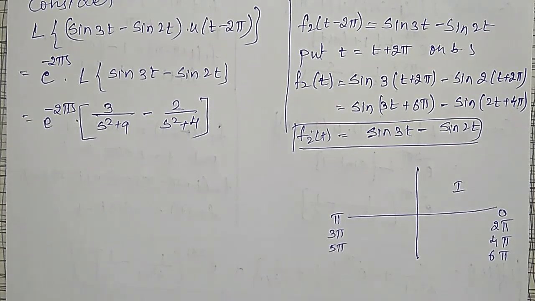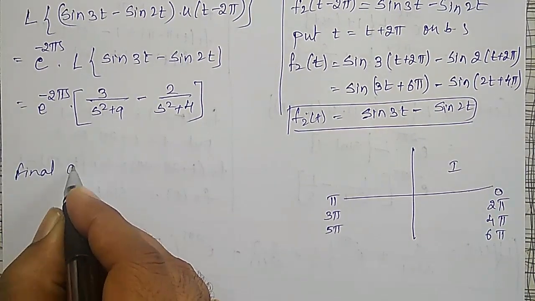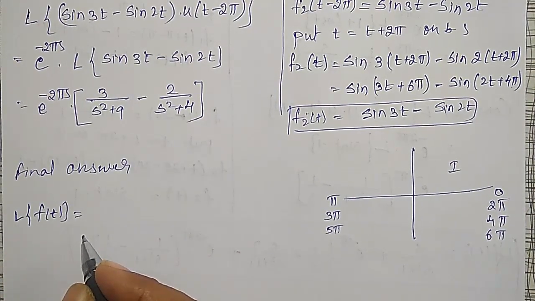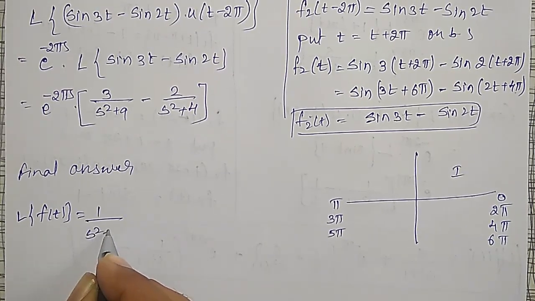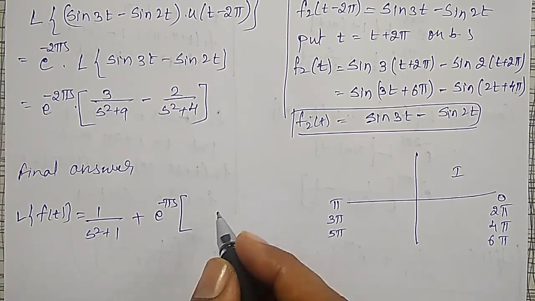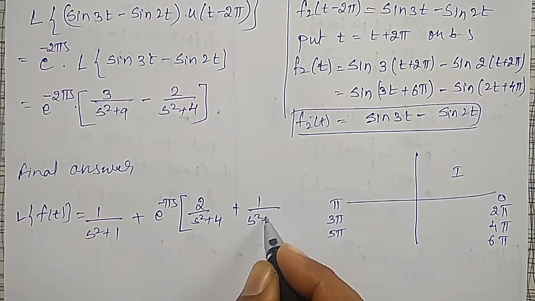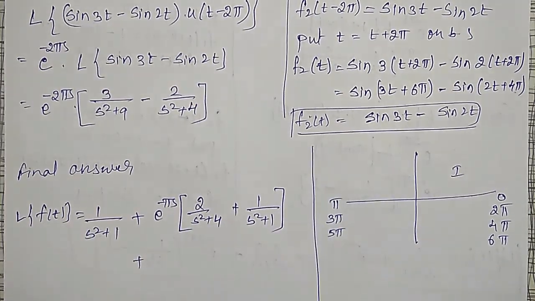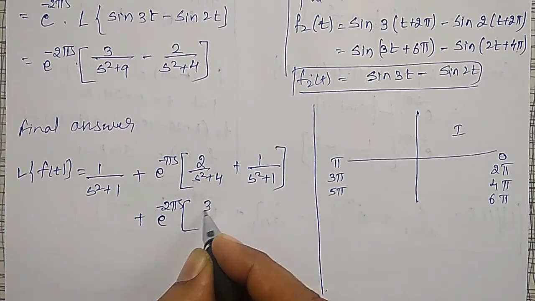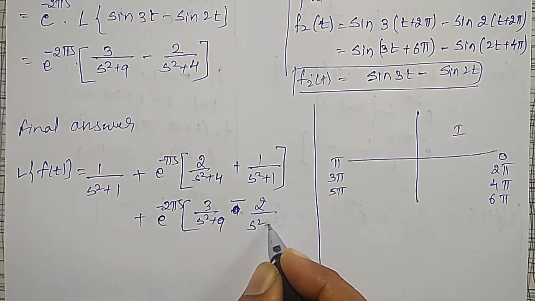Combining all the three terms together and writing it once again, therefore the final answer: Laplace transform of f of t is equal to Laplace transform of sin t, that is 1 divided by s square plus 1, plus Laplace transform of the second term, e to the power minus pi s into 2 divided by s square plus 4 plus 1 divided by s square plus 1, plus the third term, e to the power minus 2 pi s into 3 divided by s square plus 9 minus 2 divided by s square plus 4.